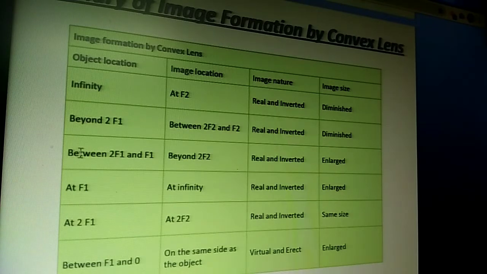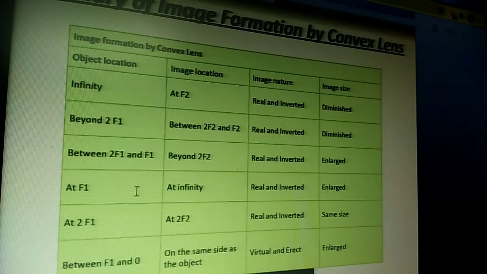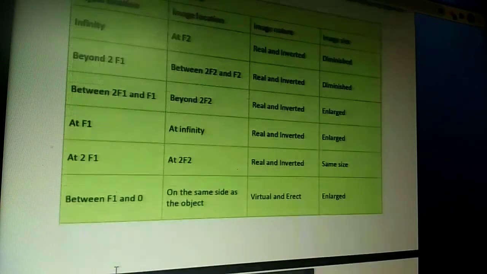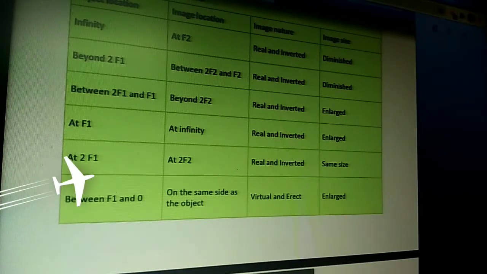Between 2f1 and f1, beyond 2f2, real, inverted and magnified. At f1, the image is at infinity, real, inverted and highly magnified. These are all the real images, 5 types, and in between f1 and the optic center, on the same side, it will be a virtual, erect and magnified image.